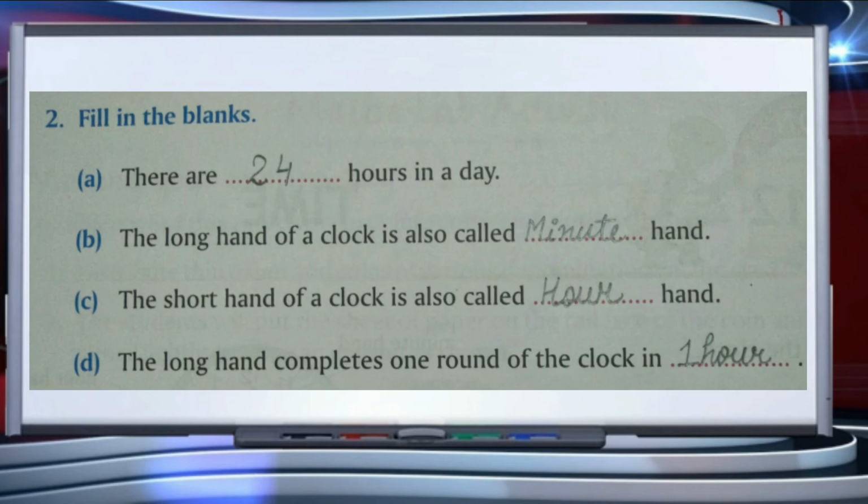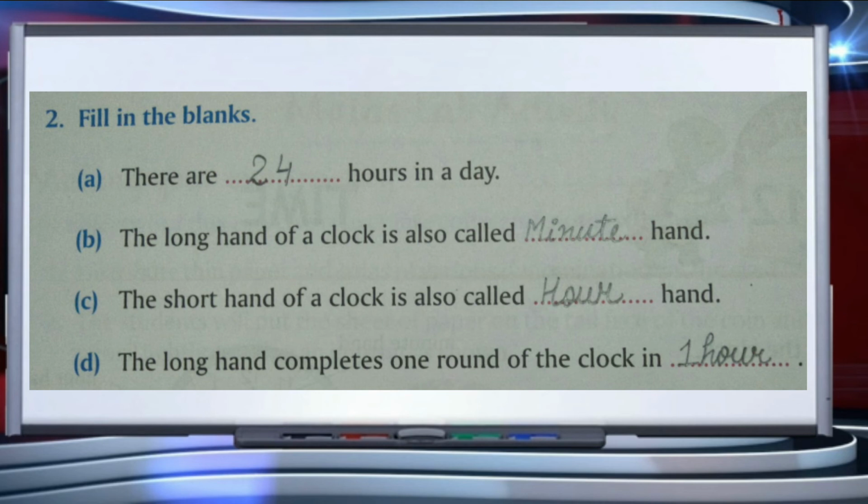Fill in the blanks. A part is there are dash hours in a day. So as we know, there are 24 hours in a day. B part we are having the long hand of a clock is also called minute hand of the clock.